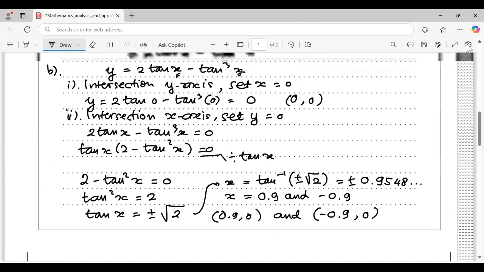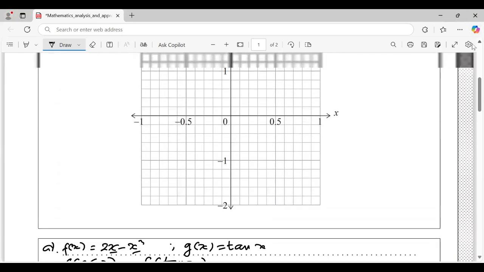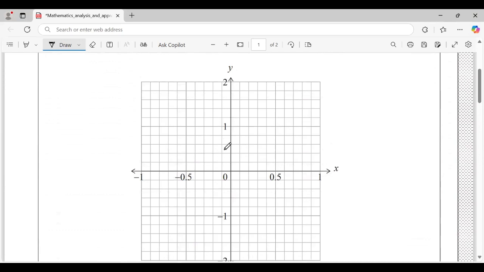As well, it passes through the current points 0.9, 0 and minus 0.9, 0, and the origin 0, 0. The local minimum is minus 0.68, minus 1.09, around here.